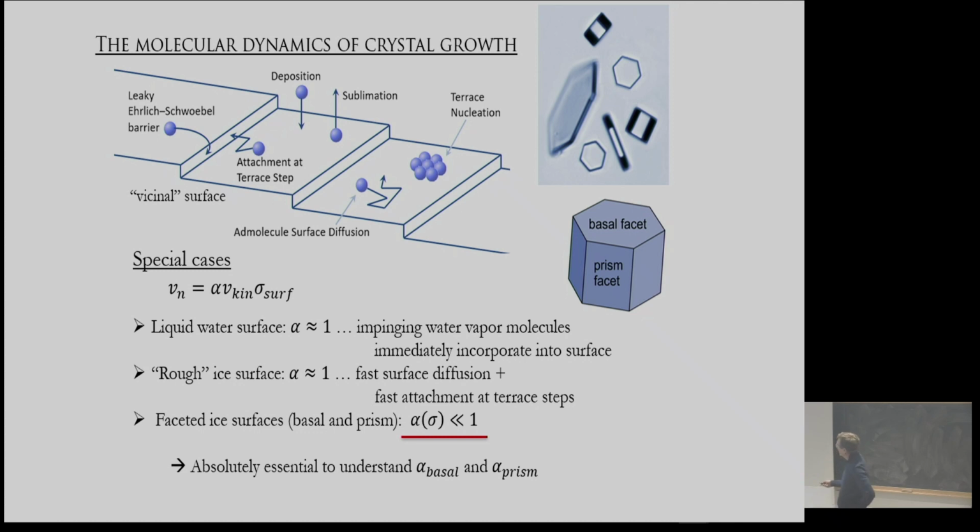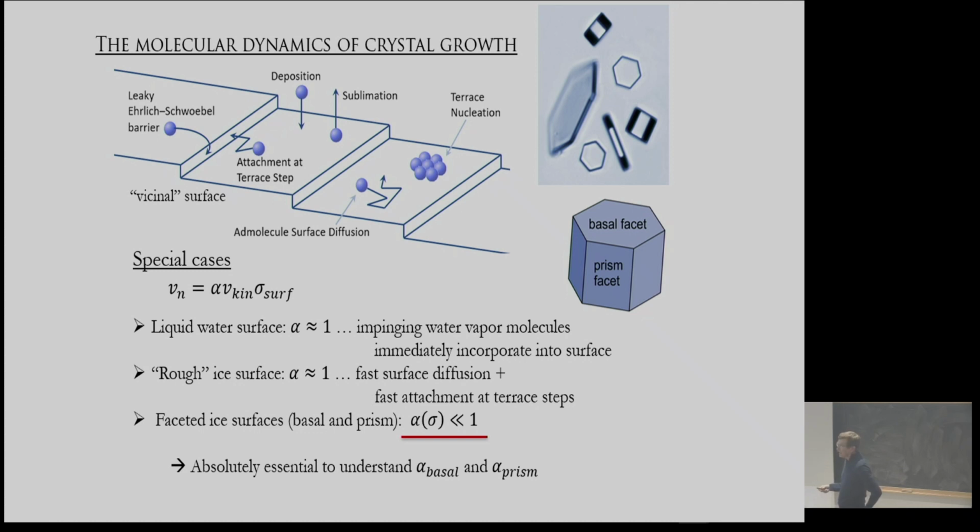And if there's enough of these steps, if they're closely spaced enough, then every molecule has time. It bounces around on the surface for a while, diffuses around, and it has time to hit one of those edges, and it'll stick or become incorporated into that edge. And so again, alpha will be 1 if you have lots of closely spaced steps, and that sort of makes good sense.